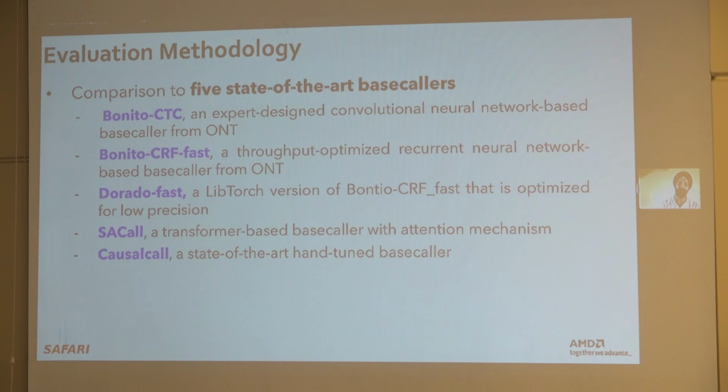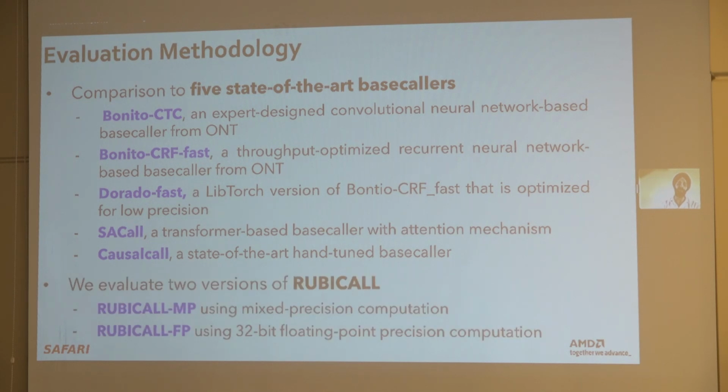But it's like the Bonito version of the CRF model, where they're using RNN. Then we evaluate 2 different versions of RUBICALL. One is RUBICALL MP, which is the mixed precision version, which I showed before. And then we also analyze RUBICALL FP, which is just using traditional floating point precision, so you can easily use it on any GPU.